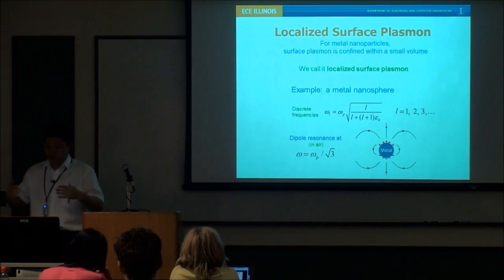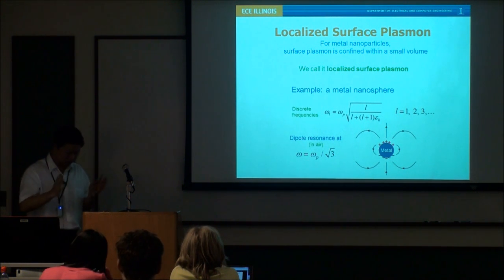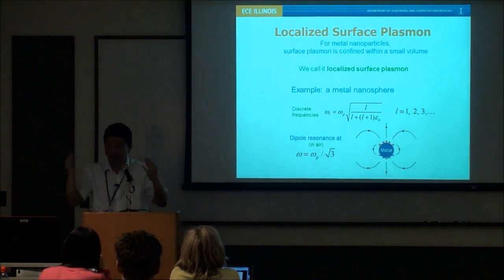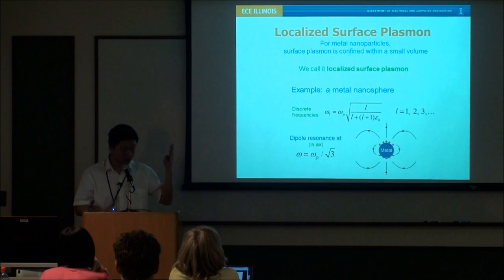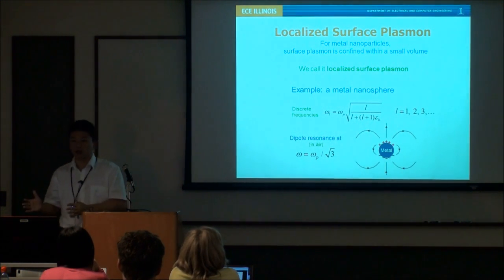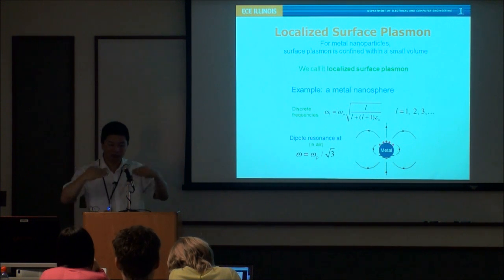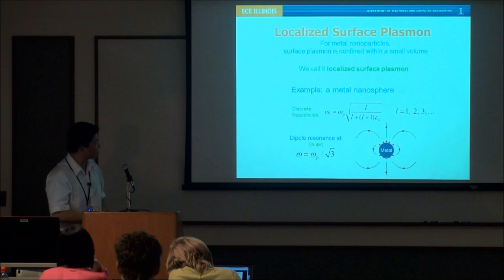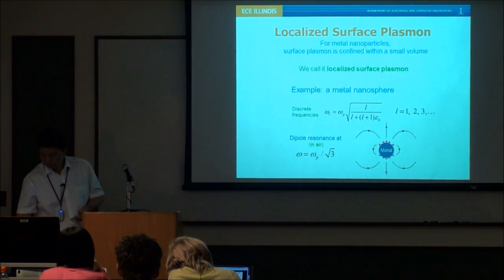One is about the electron bound to the nucleus jumping into different energy levels in the atoms. But here, this is always a free electron, freely moving in that material, but it is guided to move in a very periodic or patterned way, and that pattern is defined by the resonance mode here. Okay.